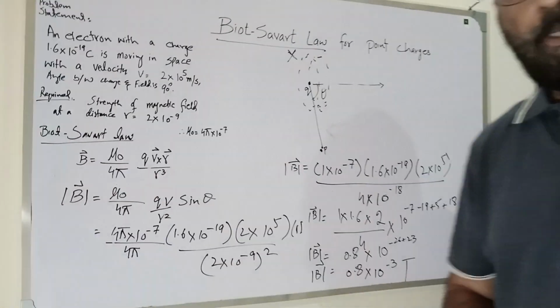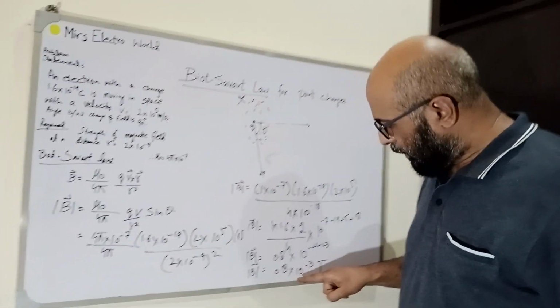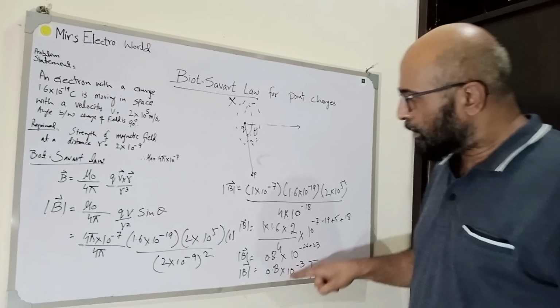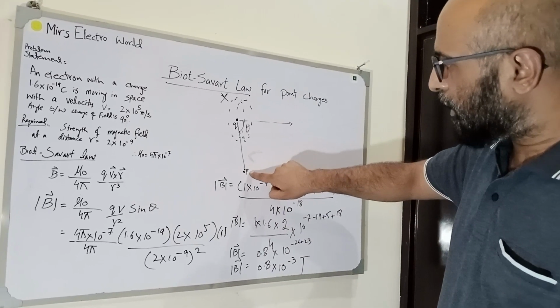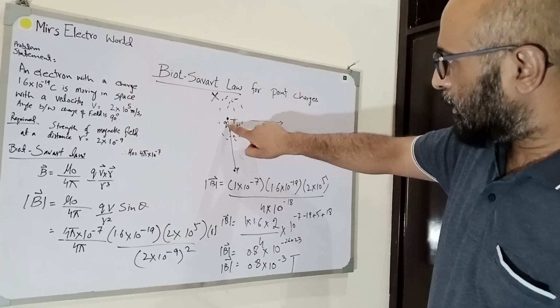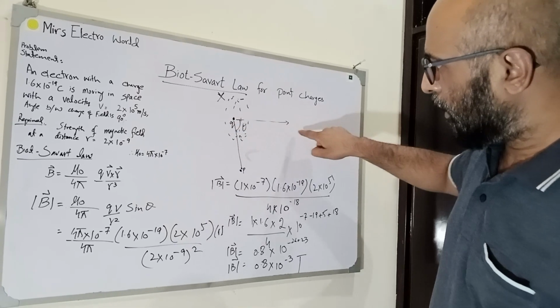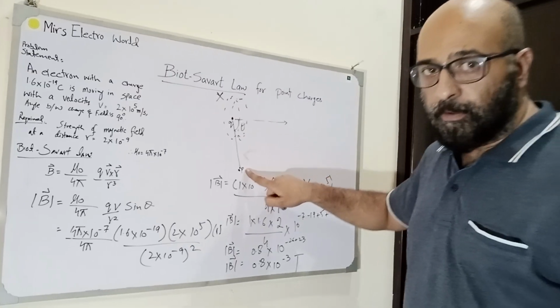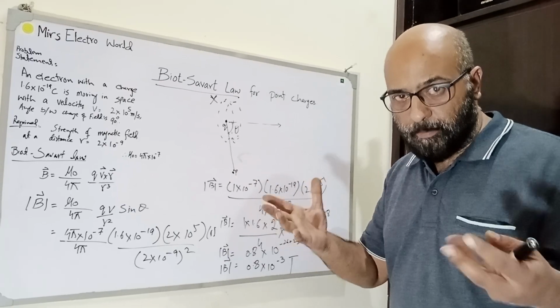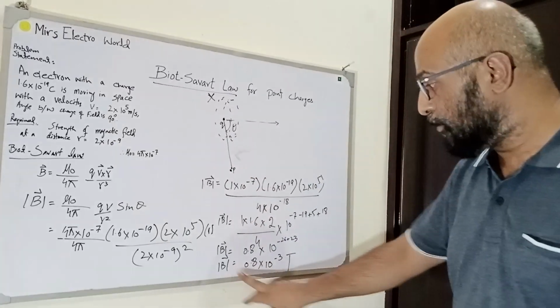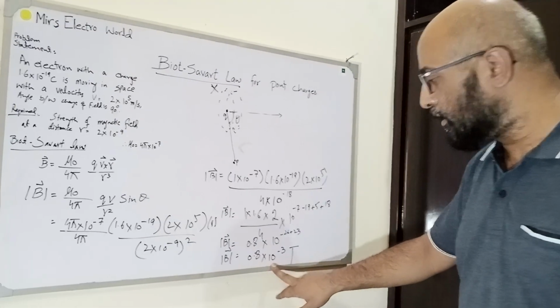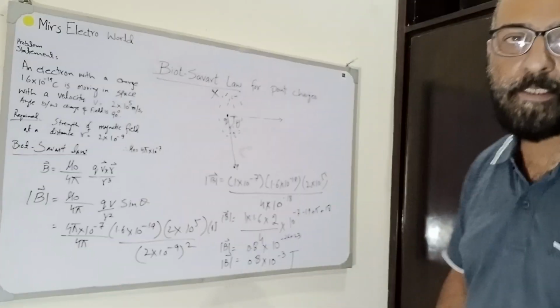So that's what we were looking for. This is the magnitude at this point P in space. This is the moving charge, and this is the point where we want the magnitude of the magnetic field, and this is the magnitude. It's 0.8 multiplied by 10 raised to the power minus 3 Teslas.